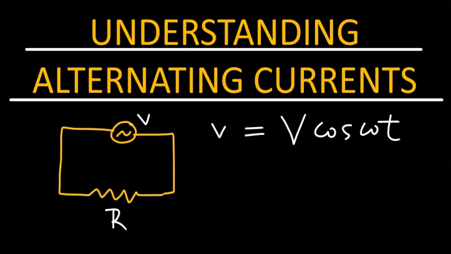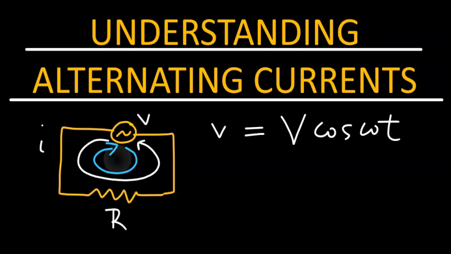For an AC source, it creates an electric current, for example, initially like that. And after some time, the direction of that current I reverses, like this. So the flip in the direction of the current from like that to like that is controlled by this number. This flip represents one cycle.